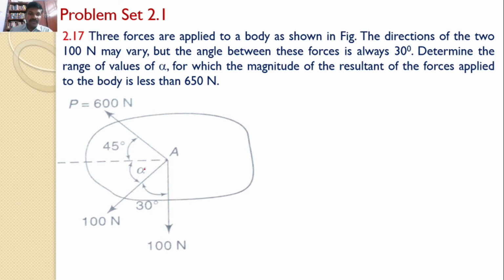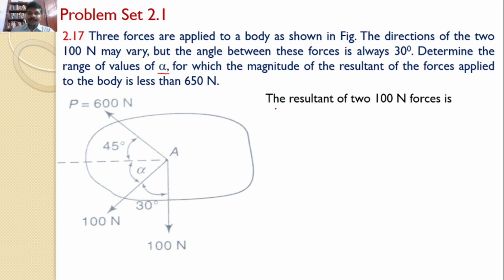Now, this alpha may vary. It may be 0 or 20 or 30, whatever. Now, I want to find the value of alpha for which the resultant force is always less than 650 newtons.